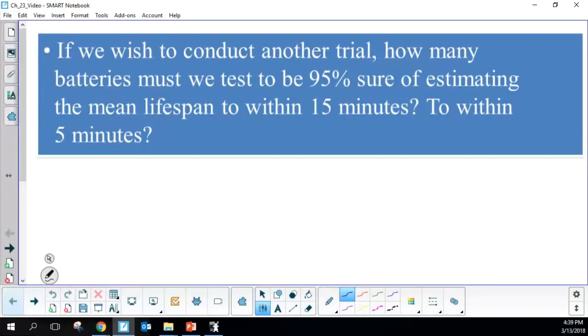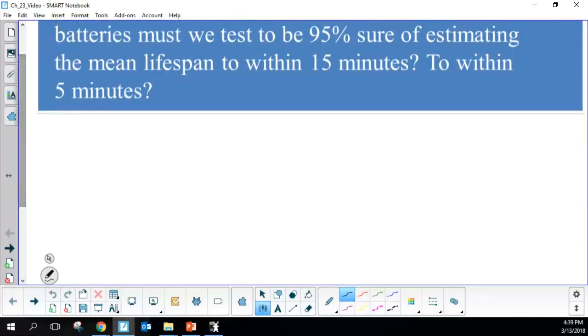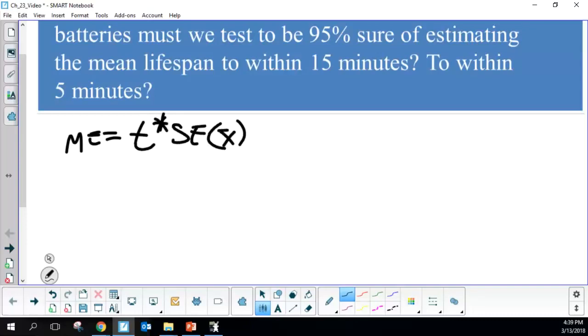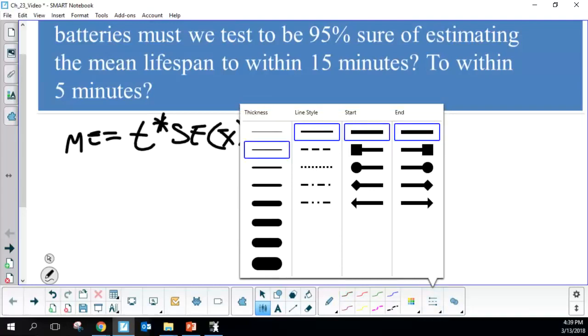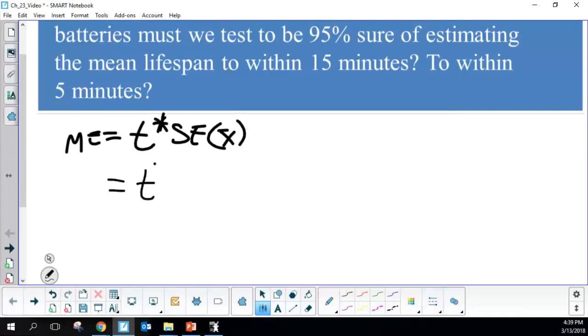For example, in order to solve this, we know we're normally going to solve for n, the sample size. Well, normally we've just taken our margin of error, which in this case, the margin of error for the mean is t asterisk times the standard error of the mean, or just t asterisk, the critical value, times the sample standard deviation divided by the square root of the sample size.